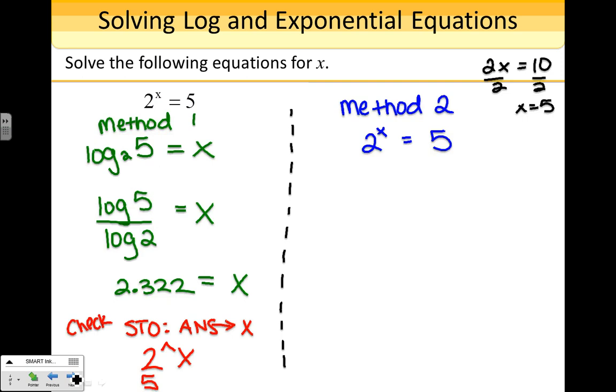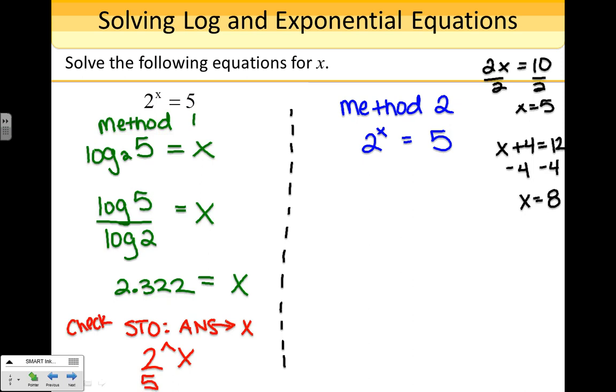Or let's say I had x plus 4 equals 12. If I'm trying to solve for x, the inverse of addition is subtraction. So I'd subtract 4 from both sides and get x equals 8.